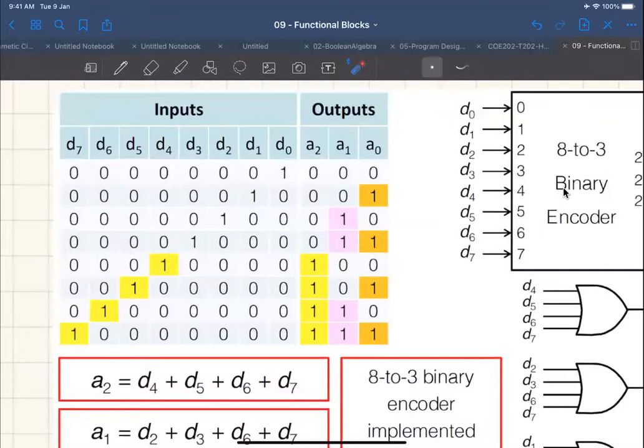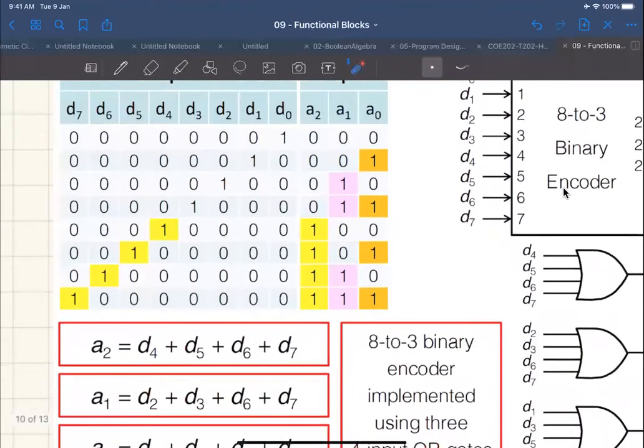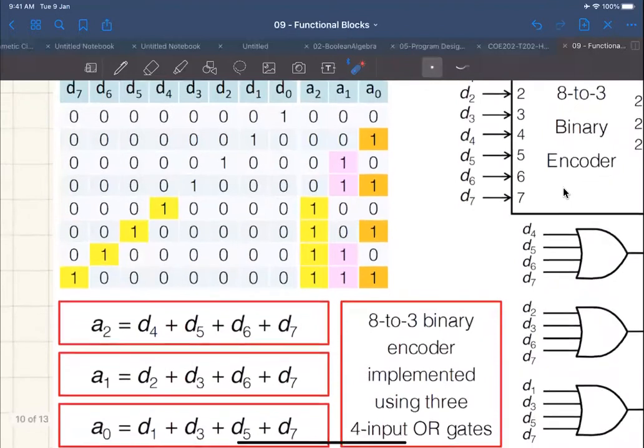What about A1? For A1, you just do the same for the corresponding ones. So A1 is going to be D2 ORed with D3, ORed with D6, ORed with D7. You can just follow below here as I say it. And A0 is going to be D1 ORed with D3, ORed with D5, ORed with D7, okay?